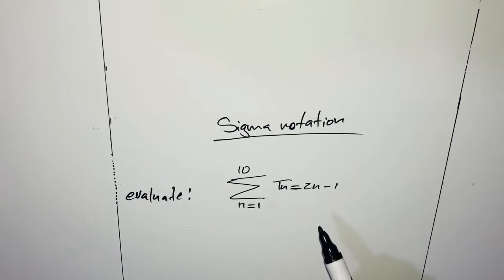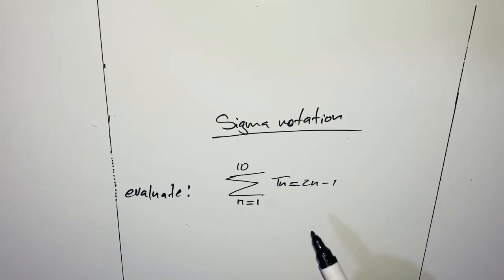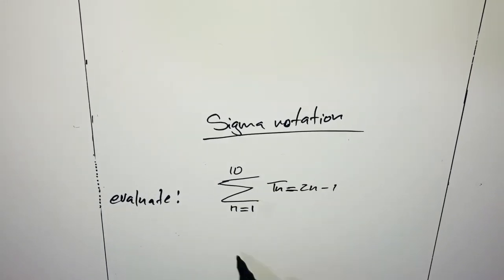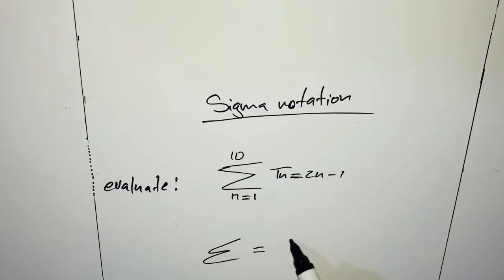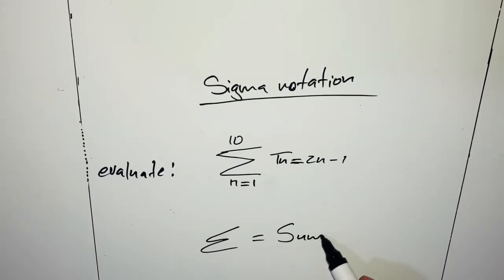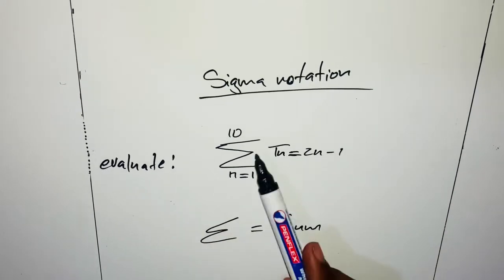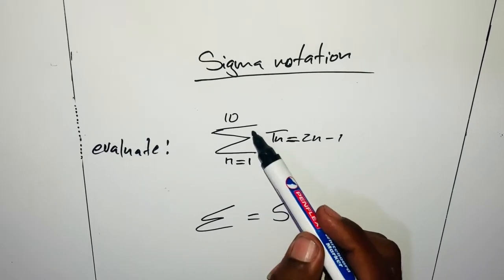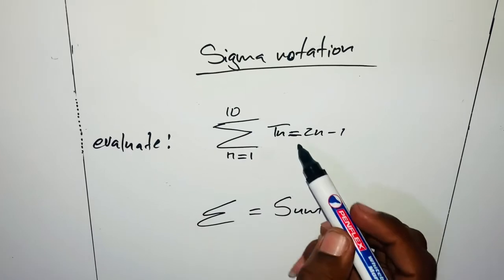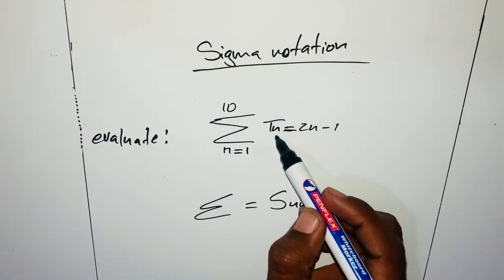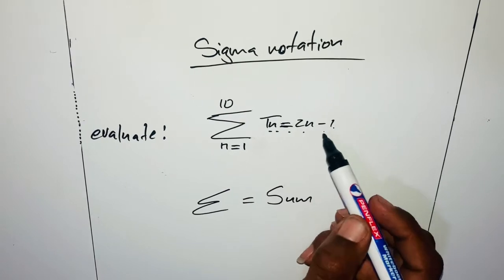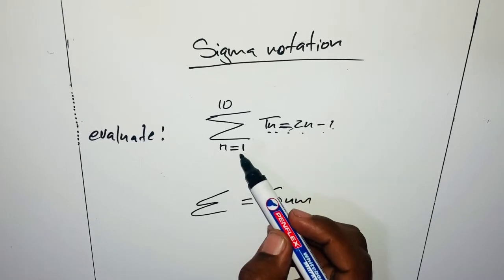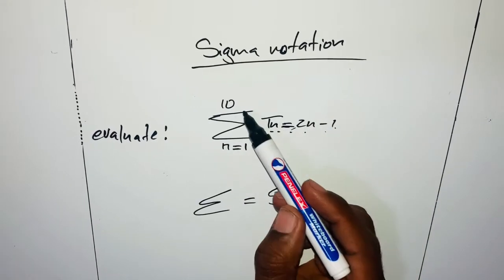So now, on your sigma notation, we can say the sigma represents my sum. So as you find a sum that says evaluate, you now know that I am to find the sum using this formula, the TN formula, to firstly find the first three terms, and I'll start substituting 1 and I'll end at 10.